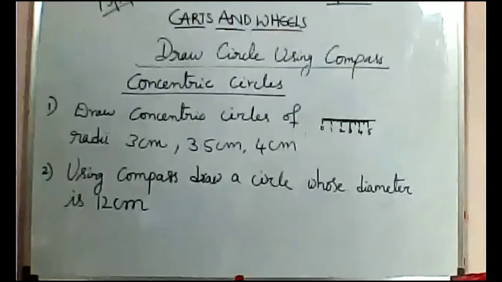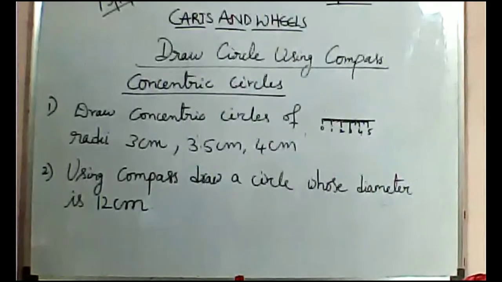So write their radius there. OP, how much have you taken? 3 centimeters. Next 3.5, 4 centimeters. Show the radius there on the line. Okay, ma'am. Look at the next one.